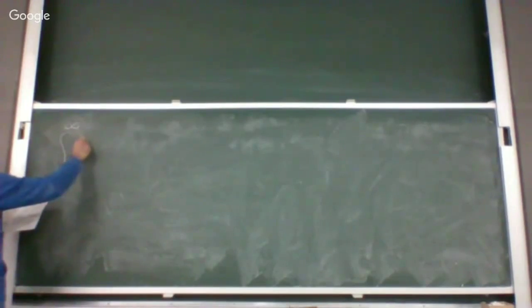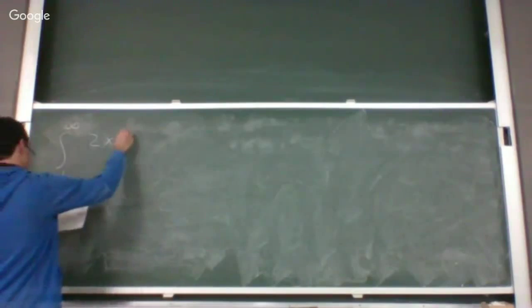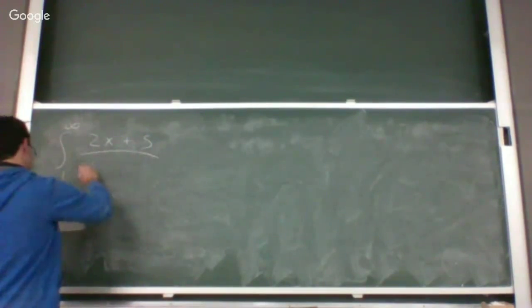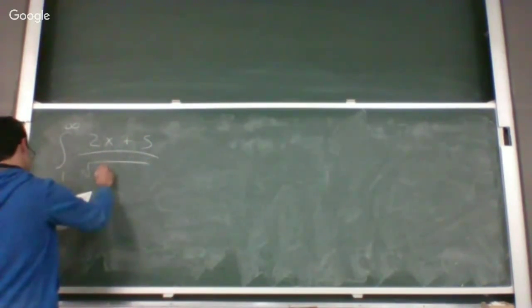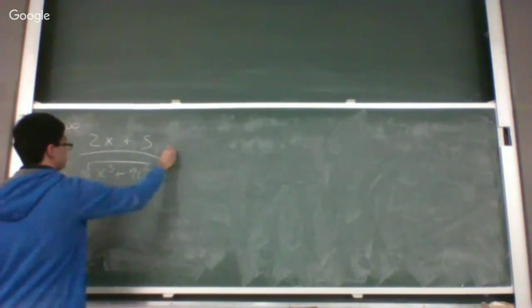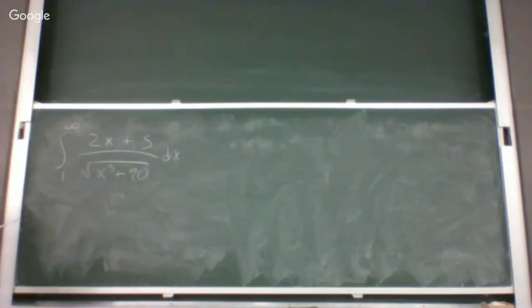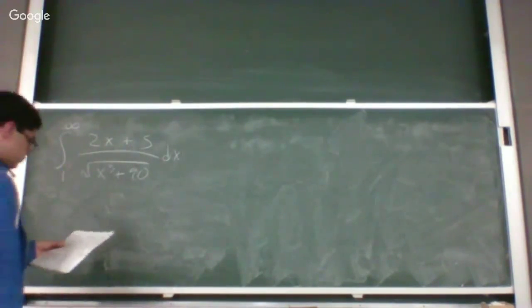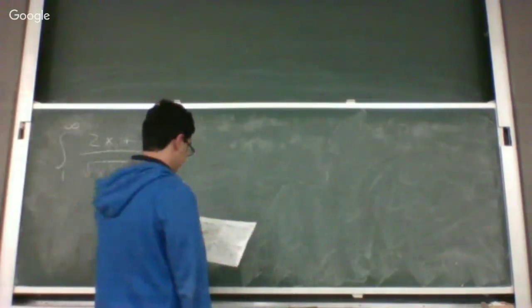Okay, so for the limit comparison test, to prove whether it diverges or converges, let's do the integral from 1 to infinity of 2x plus 5 divided by the square root of x cubed plus 90 dx. Something like that. The first thing we have to find is what to compare it with.